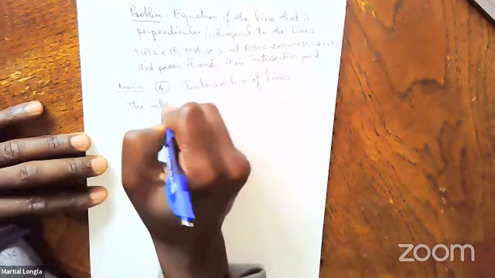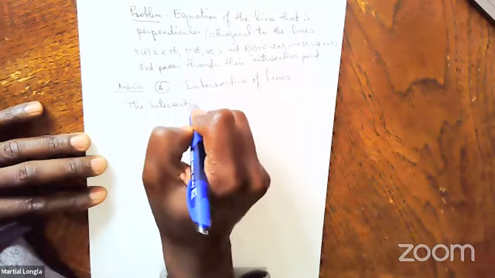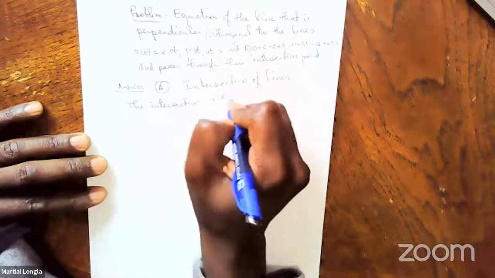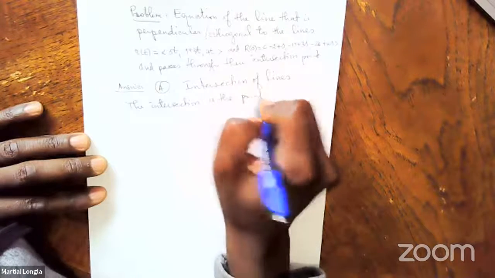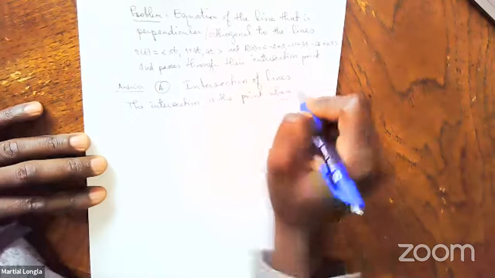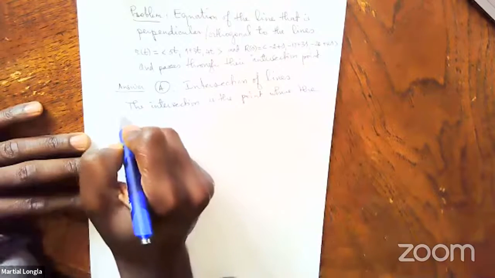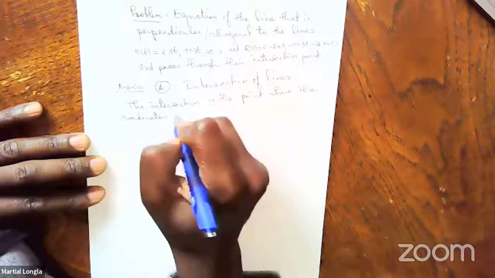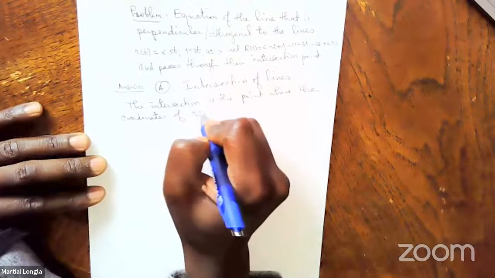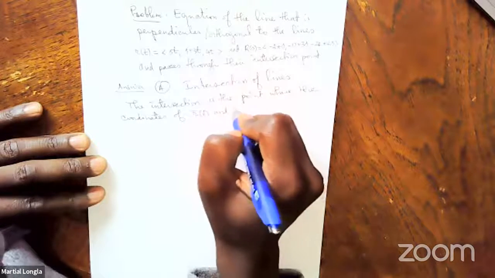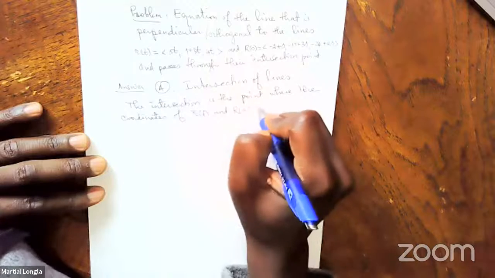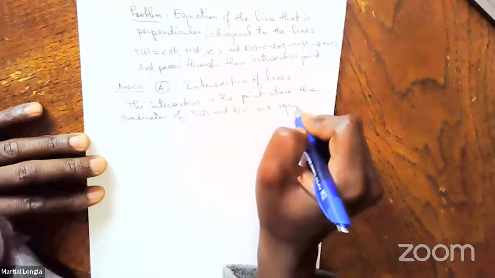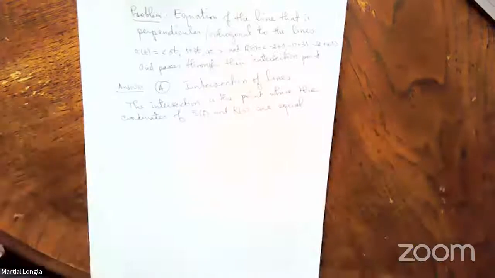The intersection is the point where the coordinates of the vector R of t and capital R of s are equal, because when they are equal, they indicate the same point.